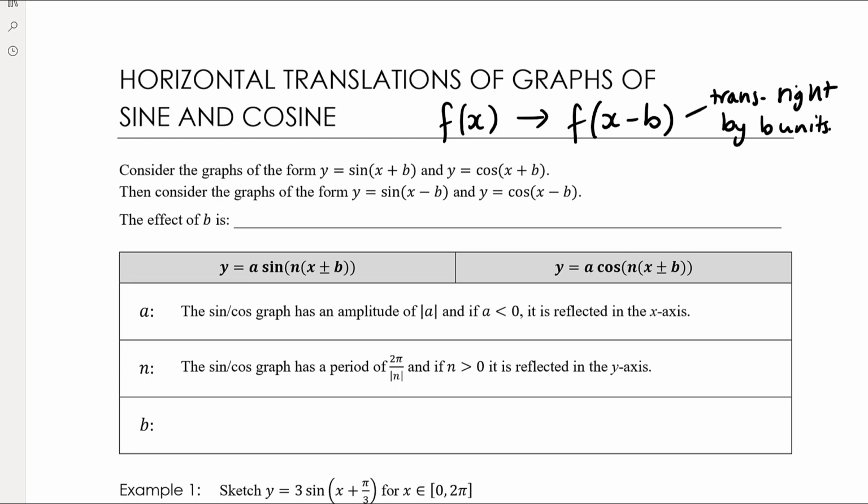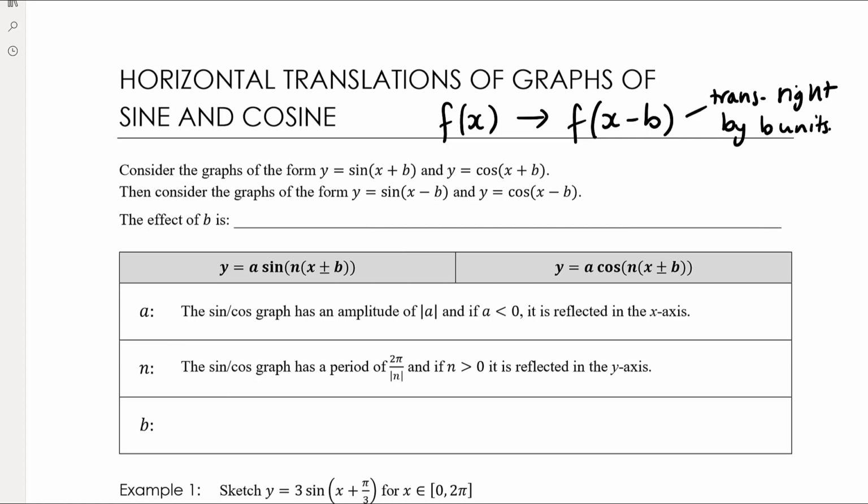If b was a negative number, then we've got x plus a number, and it's gone to the left. So thinking about y equals sine of x plus b, if b is bigger than 0, that is to the left by b. Cosine of x plus b is taking the cos graph and moving it to the left by b. Sine and cosine of x minus b, taking those graphs and translating to the right by b.